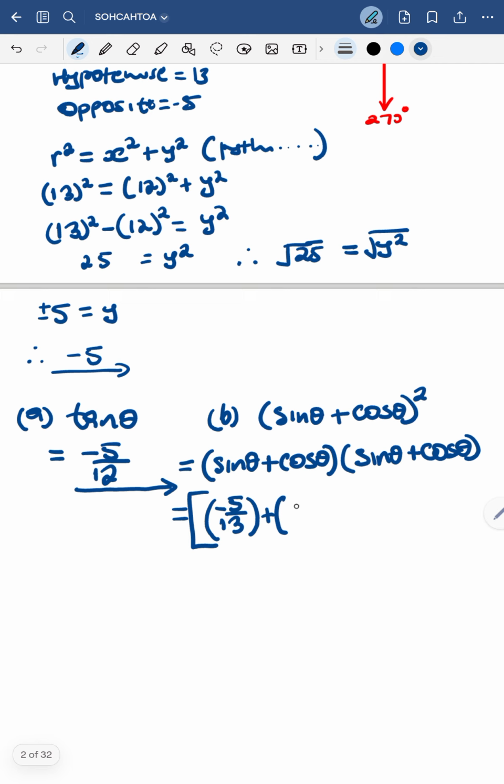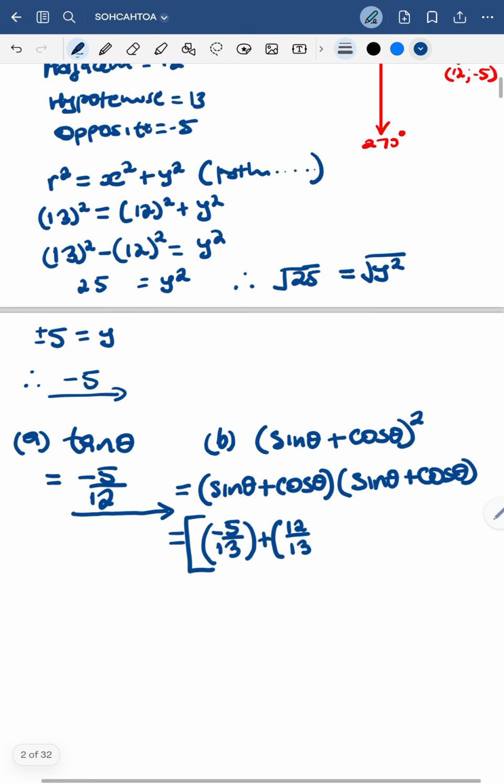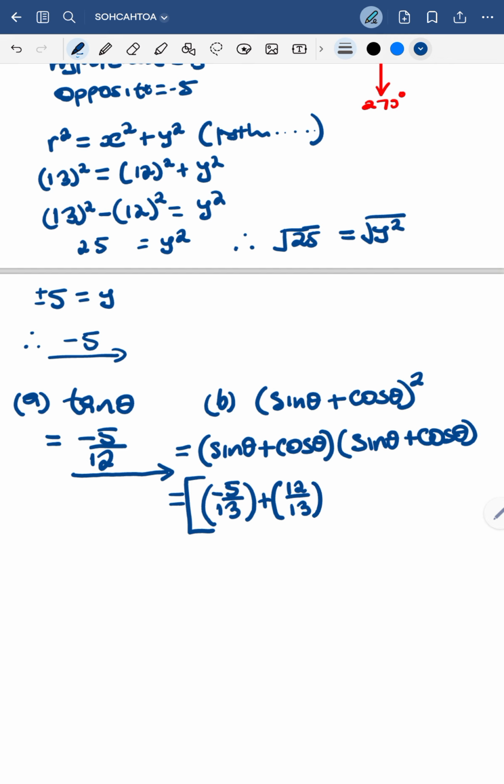So what is our adjacent side? Our adjacent side is 12 over 13, which is our hypotenuse. Then you put in brackets.